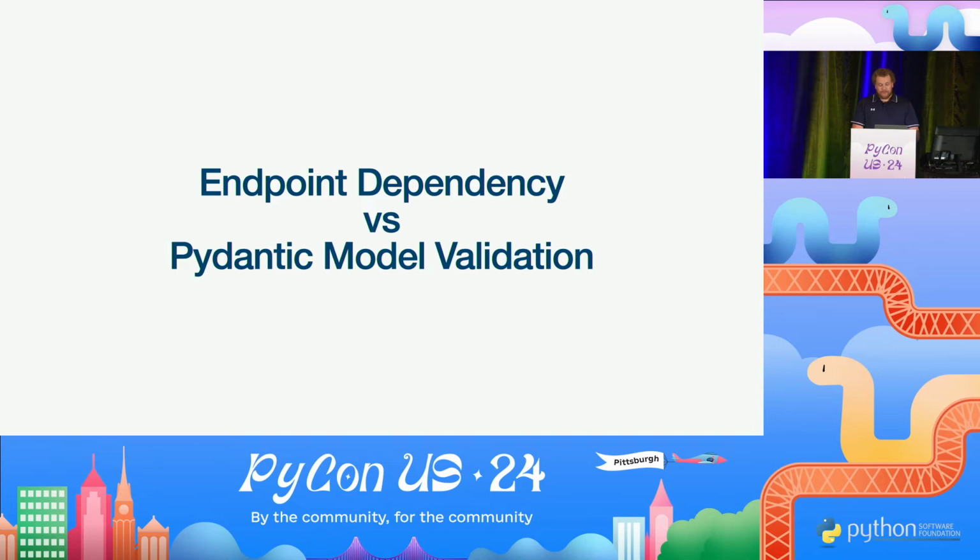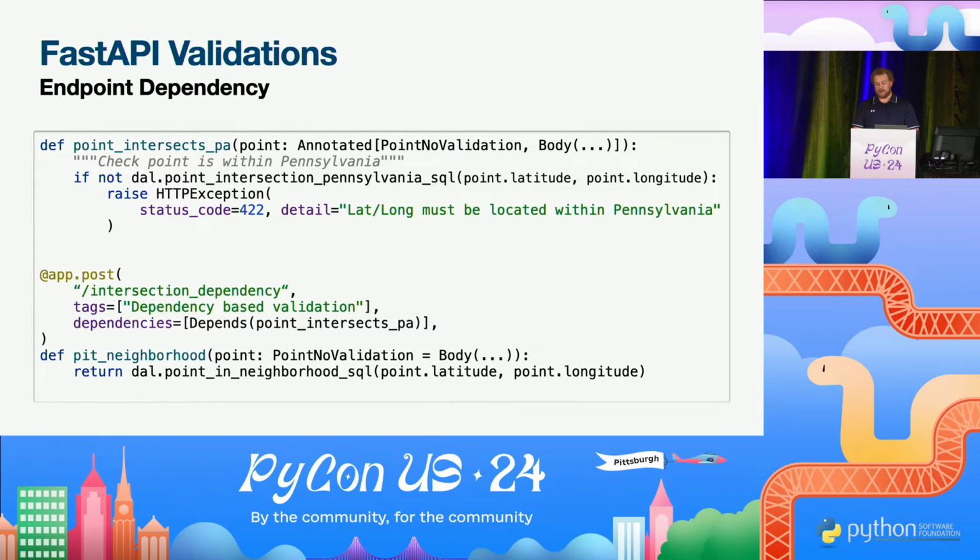And then finally, we're going to look at using these geospatial queries with endpoint dependencies and then Pydantic model validations. So in our main.py, which is just a very simple FastAPI app, we have something like this with a post endpoint here.